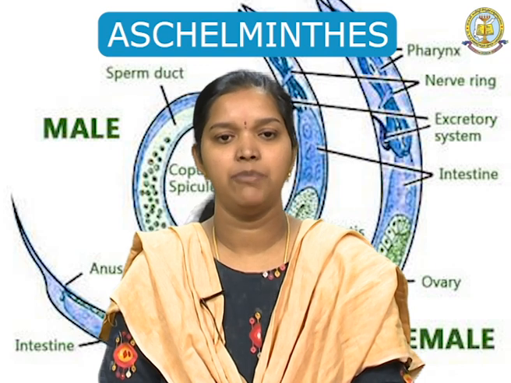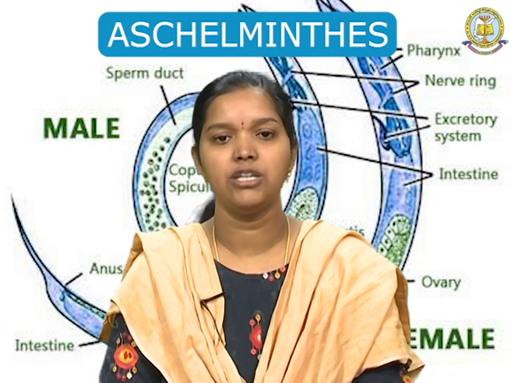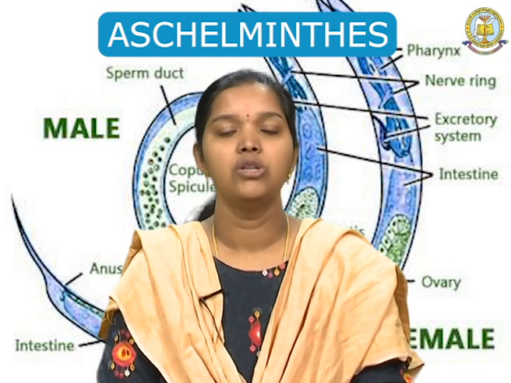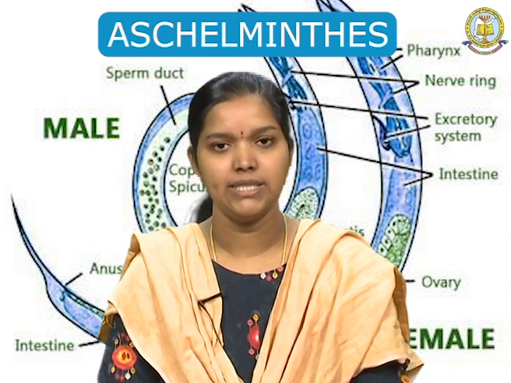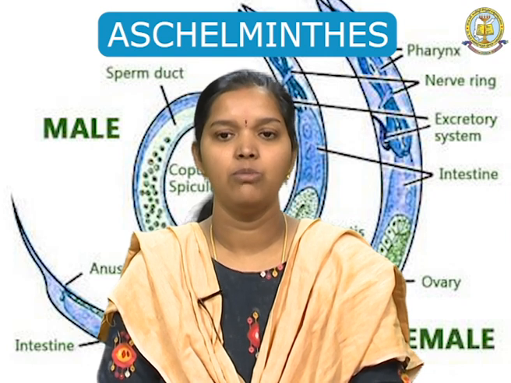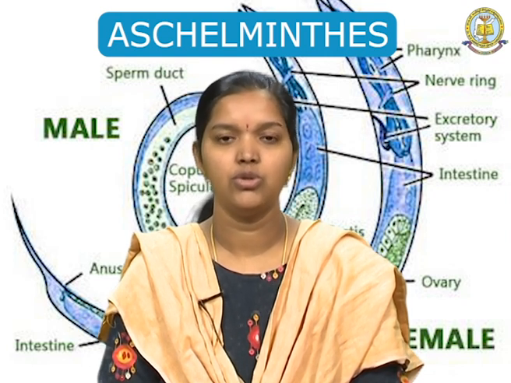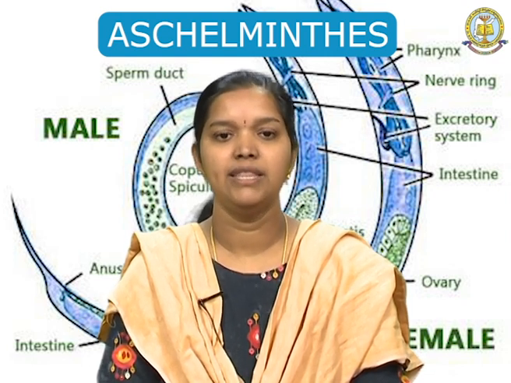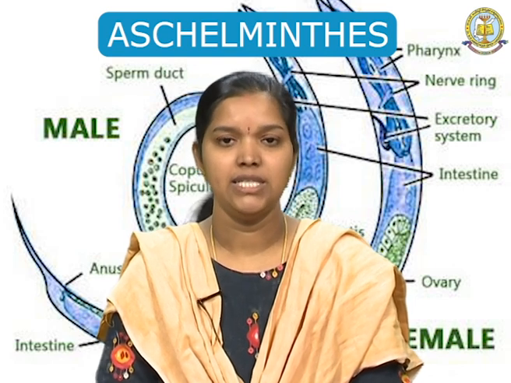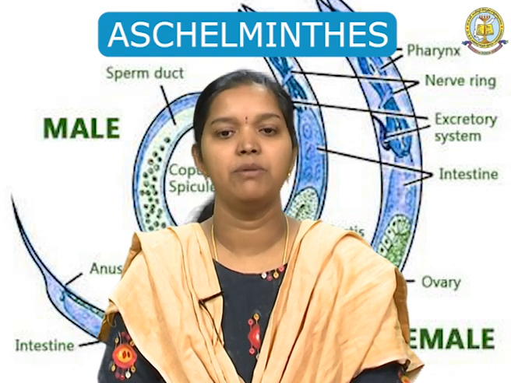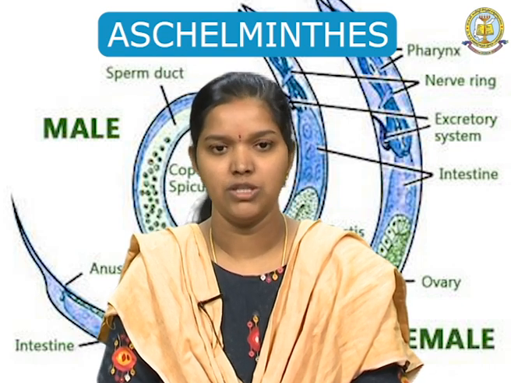And the next adaptation is enhanced reproductive potential. The life cycle of helminth parasites is complicated and requires more than one host to complete the developmental process. This is important for the dispersal of the parasite in the host population.